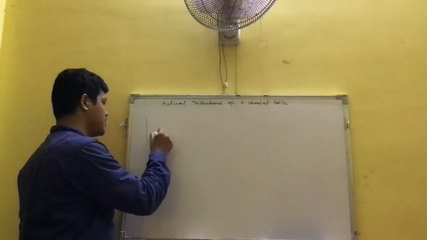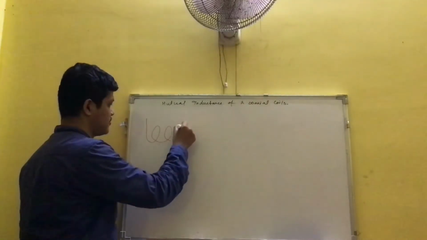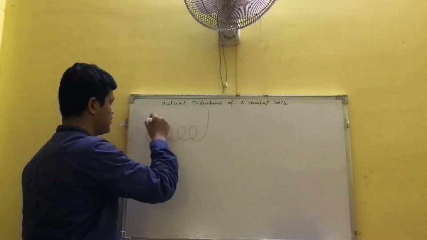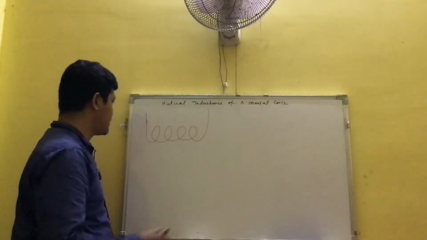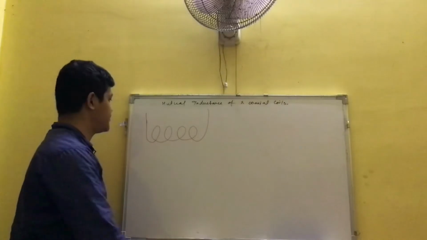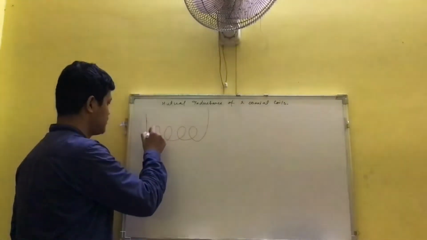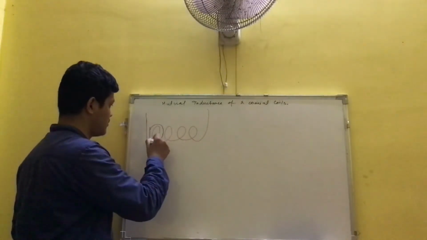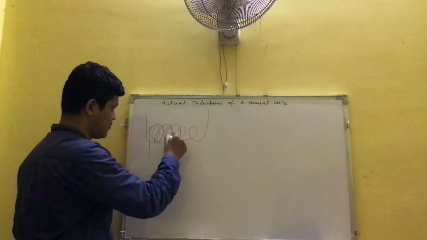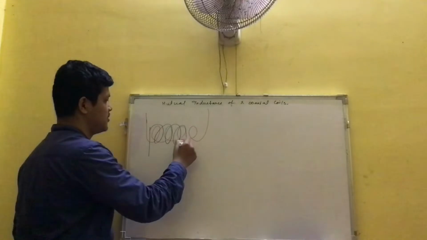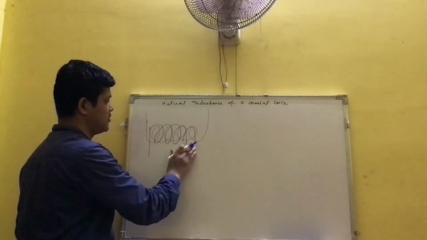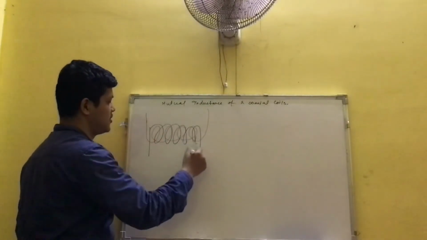One coil is this one. This is one coil. And another coil is, suppose, this. One is blue and one is red. Let us assume that.